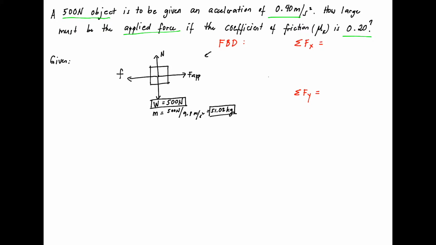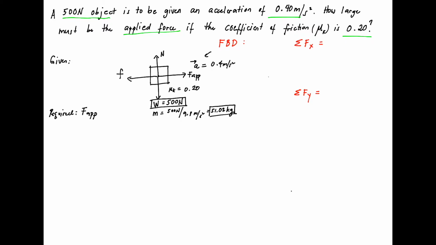And the other given, we have the coefficient of kinetic friction, which is 0.20, and the value of acceleration as it travels in the right direction is 0.40 meter per second square. Now, what is the required? The required is simply the applied force that is needed in order for us to accelerate that 500 Newton object.